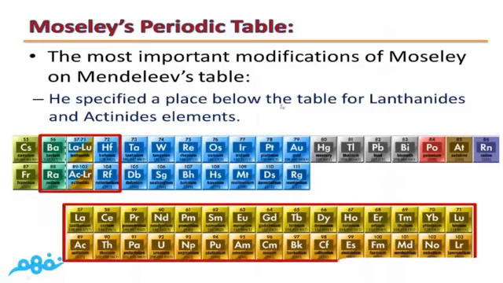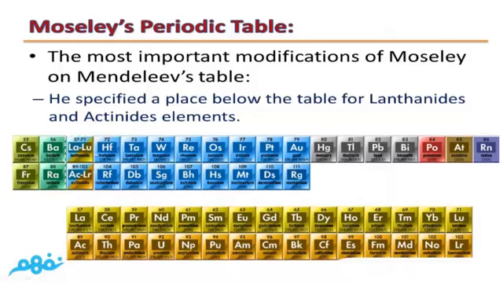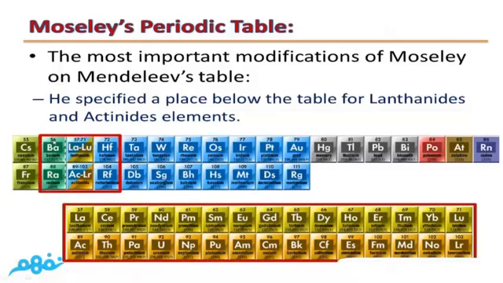Moseley specified a place below his table for lanthanides and actinides. As you can see, between Ba and Lu there is a huge gap. The atomic number here is 56 and for Lu is 71. The rest are here, La 57 till Lu 71.